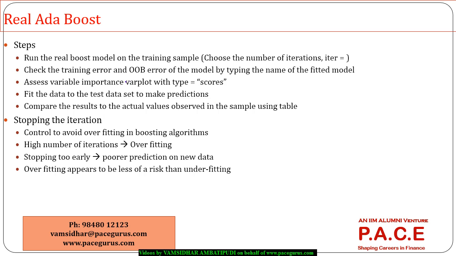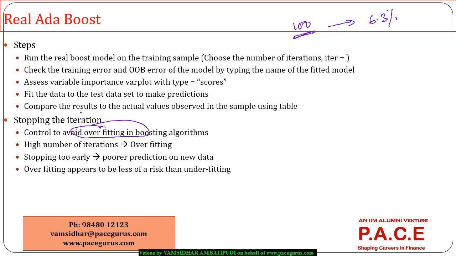The stopping of the iterations, especially if you are setting the number of iterations, the intention is to control the overfitting. Now if you have seen earlier, when we had executed 100 iterations, it actually came to the extent of overfitting. The training error came down quite drastically compared to the earlier case.